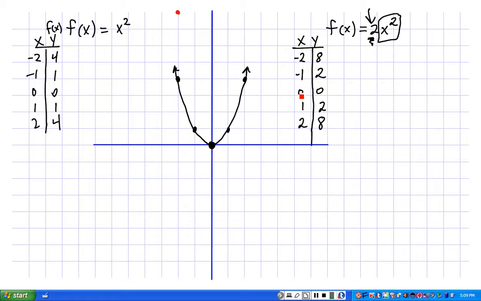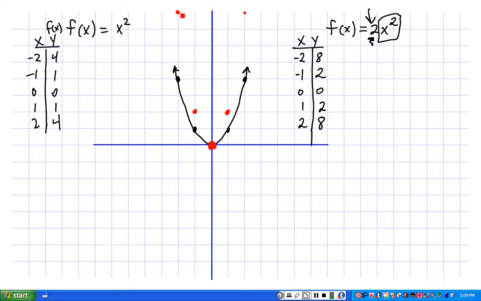Alright, at -1, we're up 2. 0, 0 is shared. Alright, at 1, we're up 2. And at 2 we're up 8.